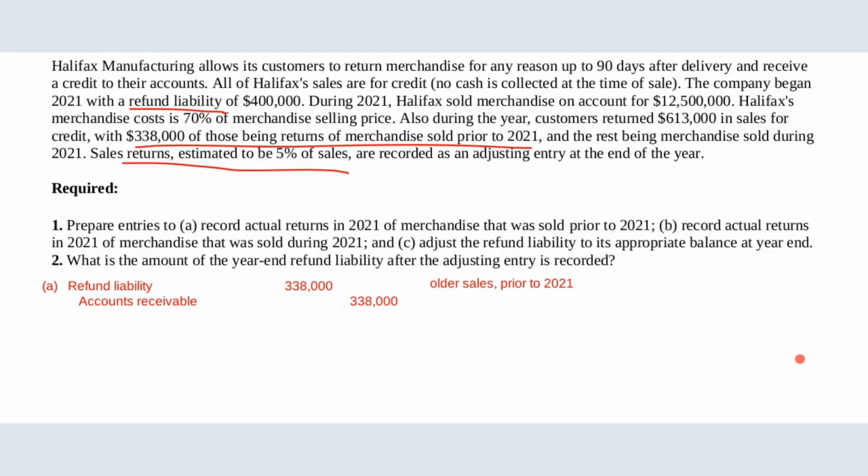236,600. So this is going to be our inventory. So we have to put back this inventory in the warehouse. So we're going to debit inventory for 236,600, and we're going to credit inventory estimated returns.